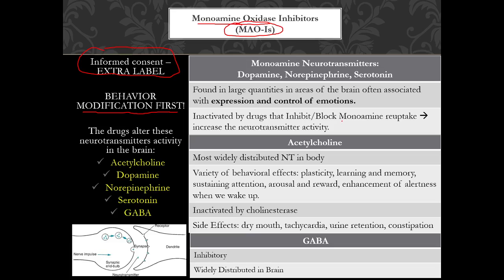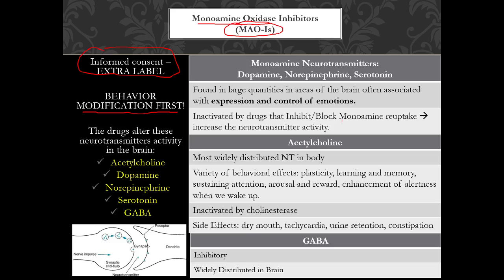It has a variety of behavioral effects: plasticity, so being able to adjust or handle adjustments or changes in the environment; learning and memory; sustaining attention; arousal and reward; enhancement of alertness, and enhancement of alertness when we wake up. It's inactivated by cholinesterase. Some side effects of acetylcholine would be dry mouth, tachycardia, urine retention, and constipation.